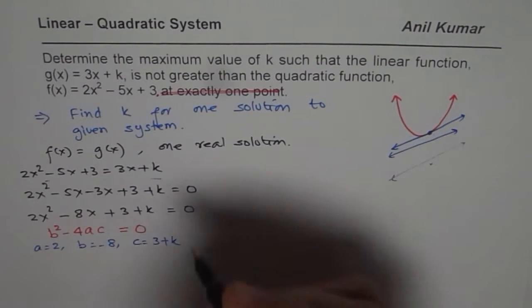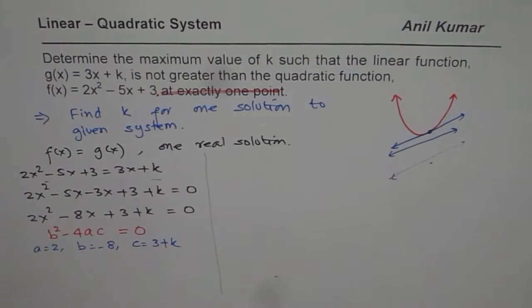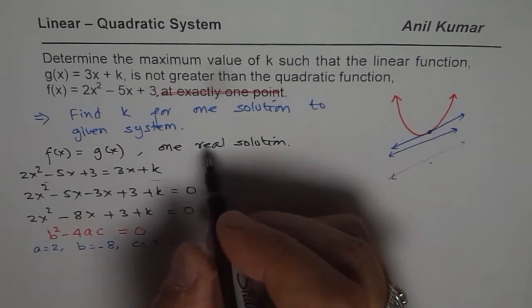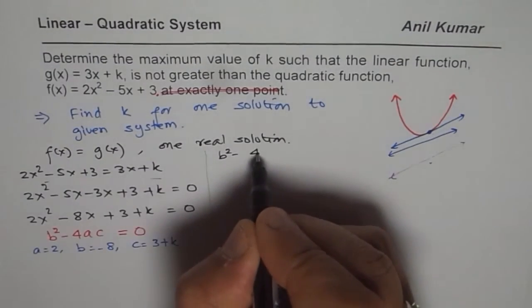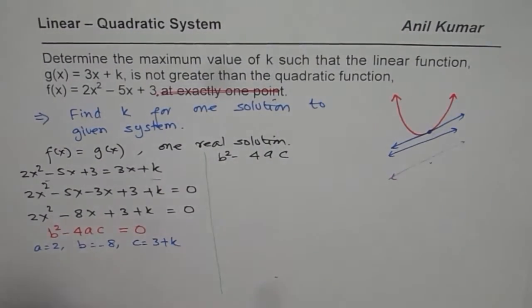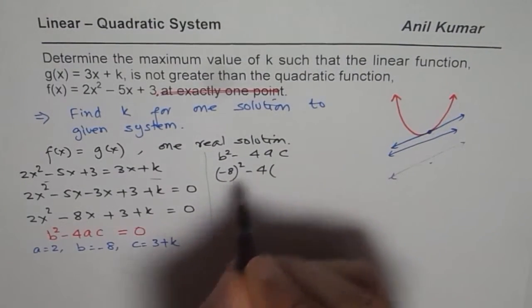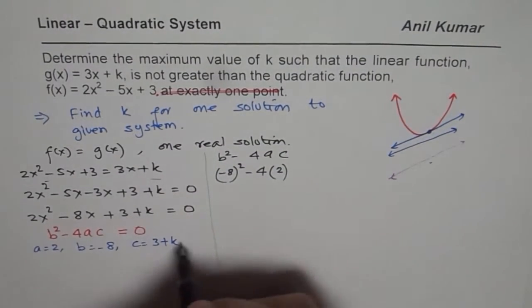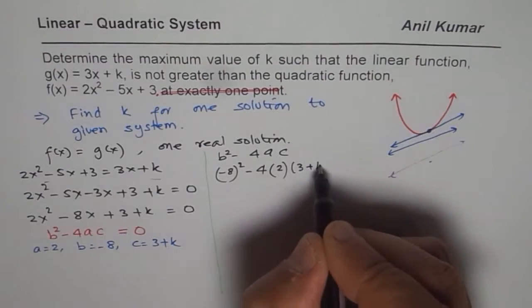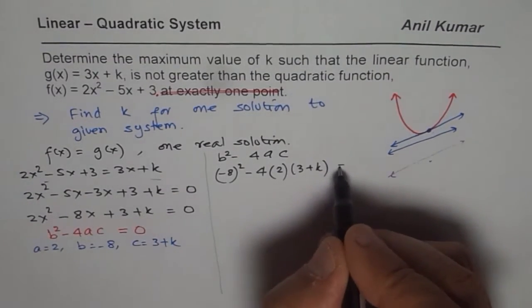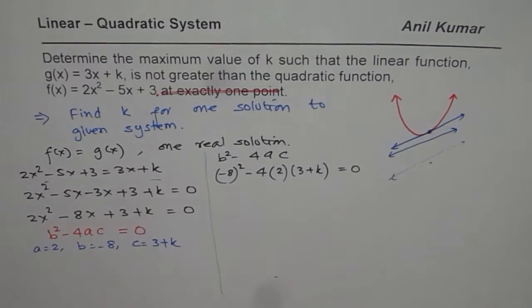Using these values, let us solve for b squared minus 4ac. b is minus 8, so minus 8 squared minus 4 times a is 2, and c is 3 plus k. And that should be equal to 0. So that is what is required.